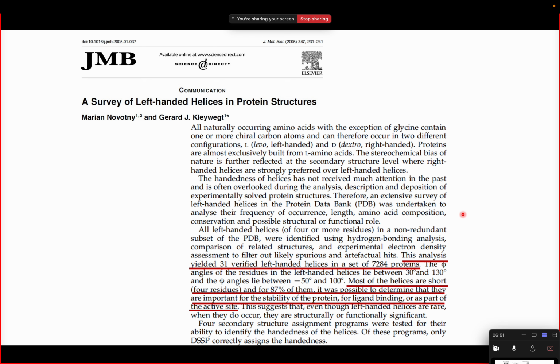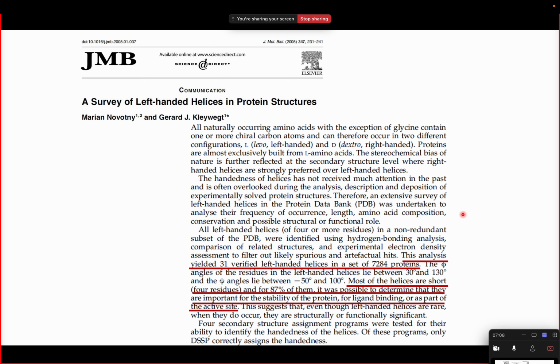Therefore, an extensive survey of the left-handed helices in the protein data bank was undertaken to analyze their frequency of occurrence, length, amino acid composition, conservation, and possible structural or functional role.